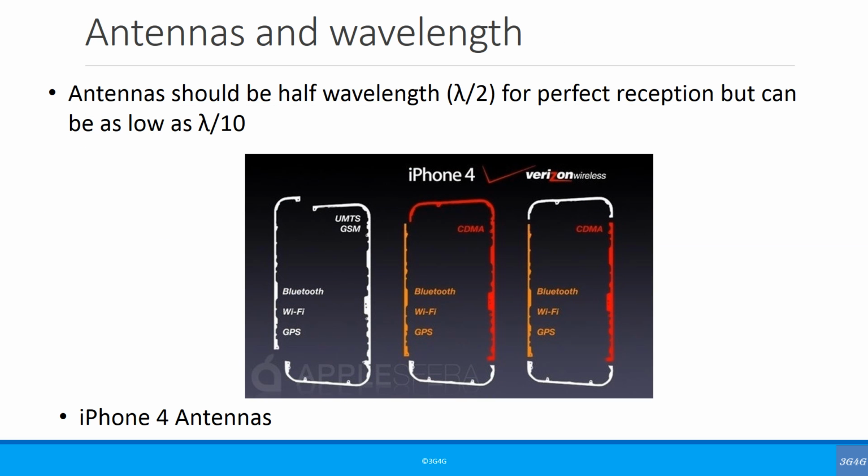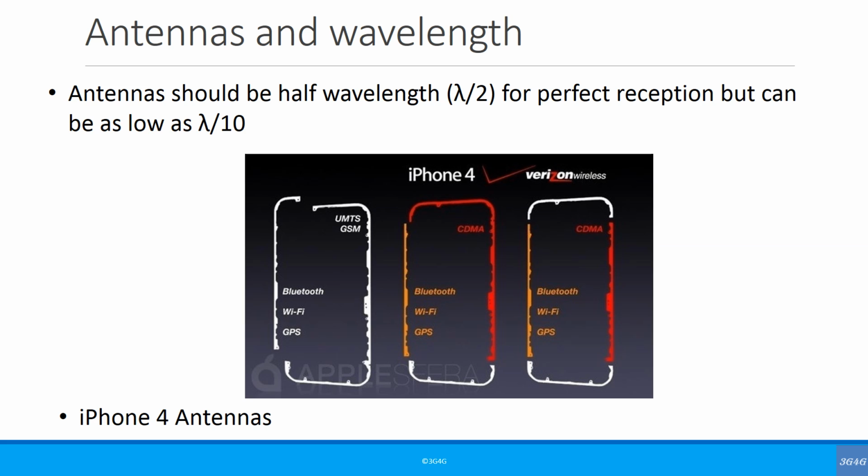This is just an example of the iPhone 4, because our smartphones have to handle a lot of different radio technologies. So it has to have antennas, and it should be in such a way that it doesn't stick out.